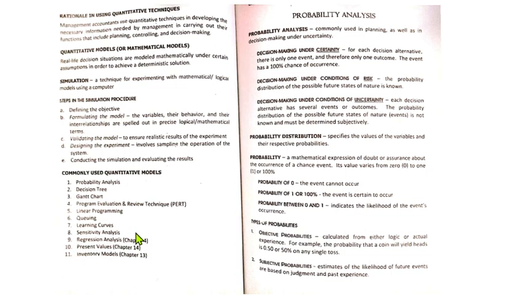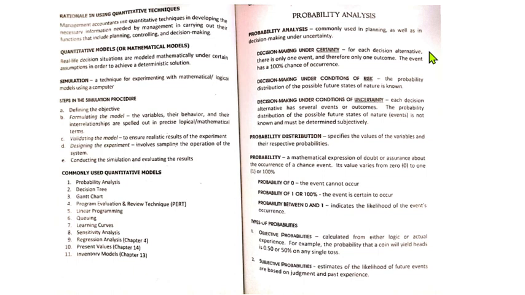So let us discuss probability analysis. So what is probability analysis? This is commonly used in planning as well as in decision making under certainty. When we say probability, this refers to the chance of an event occurring. So there are three classifications of decision making under the concept of probability analysis.